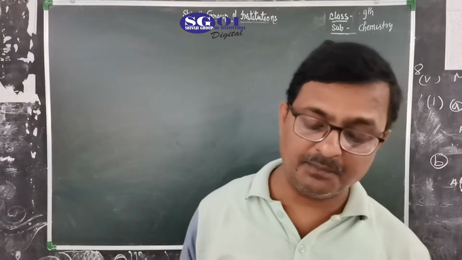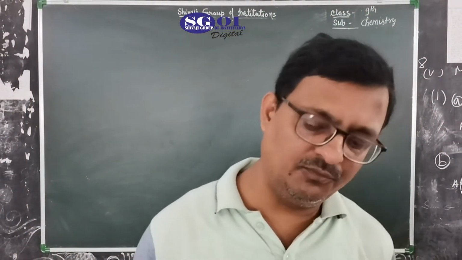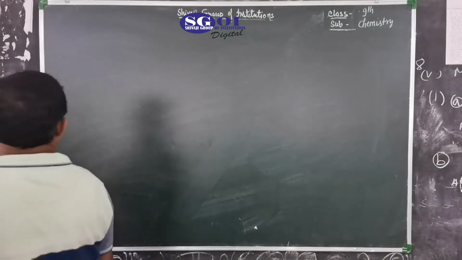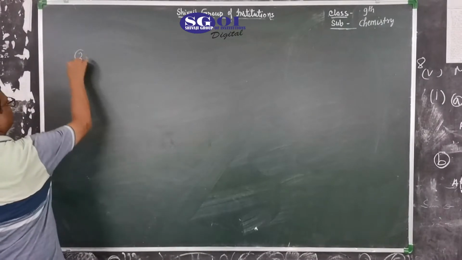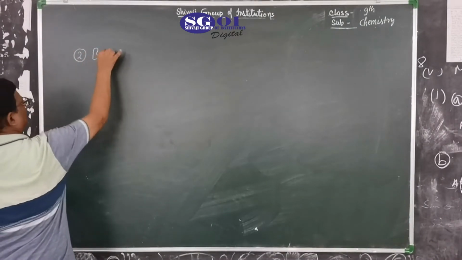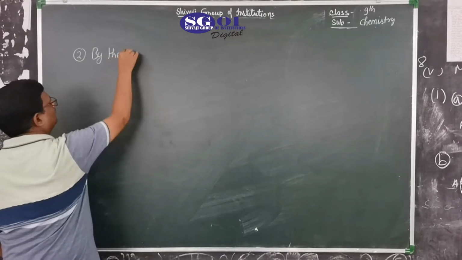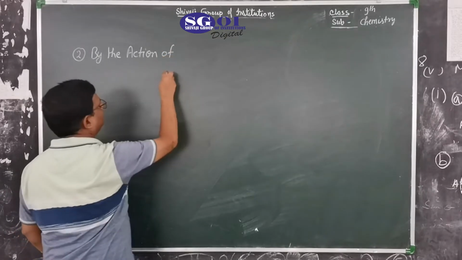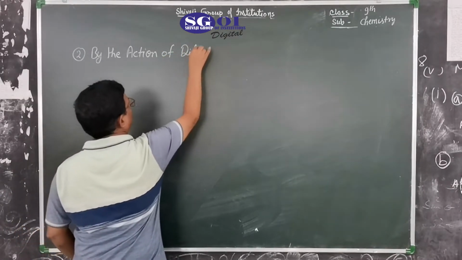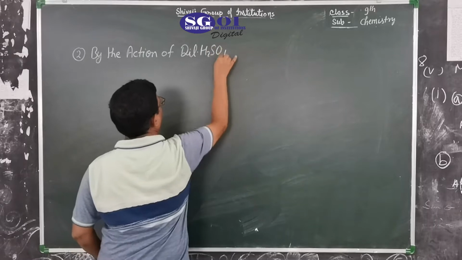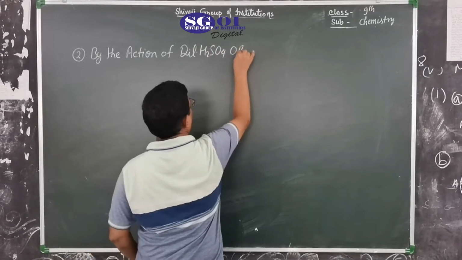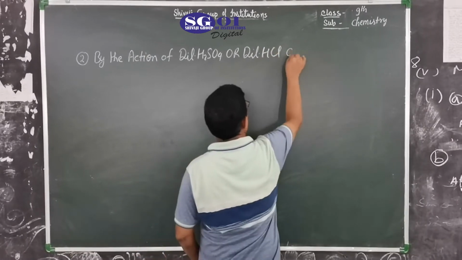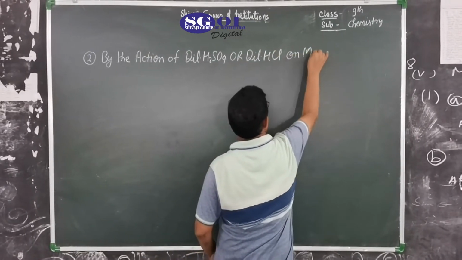Next one is the action of dilute H2SO4 or HCl on metal. This is the second reaction: the action of dilute H2SO4 or dilute HCl on metals.